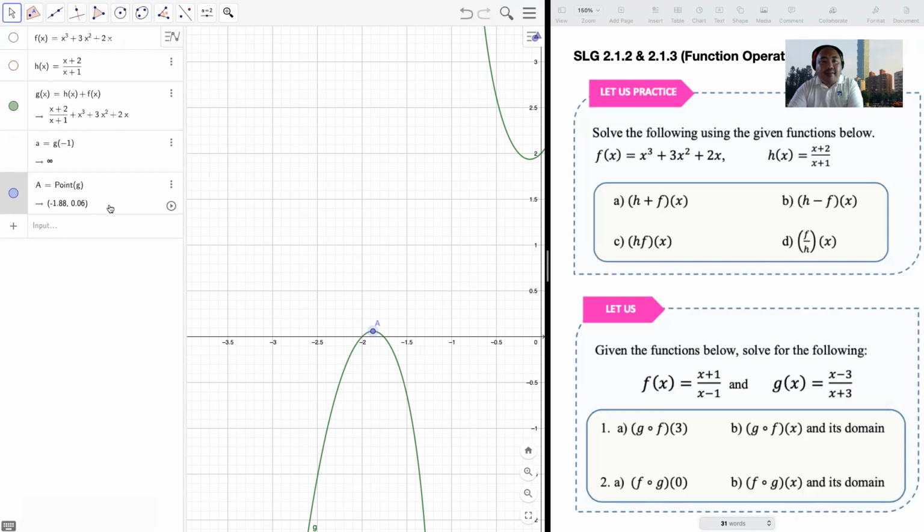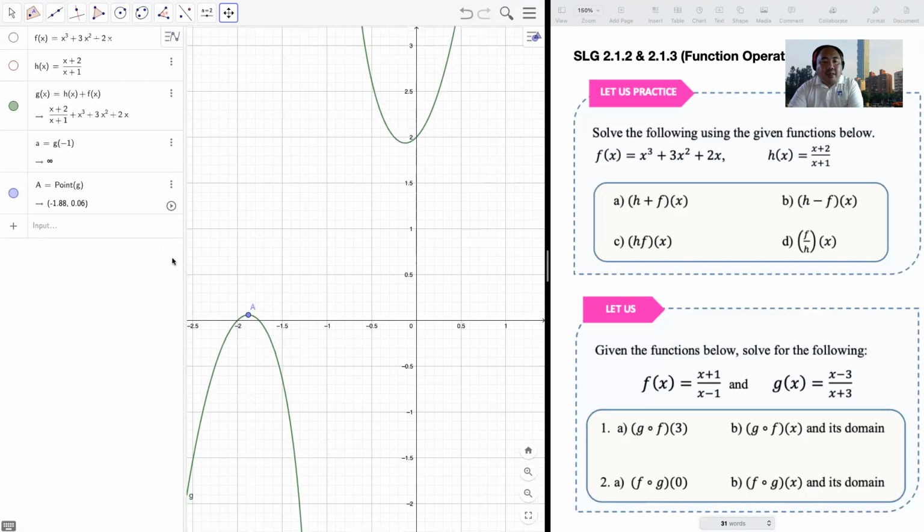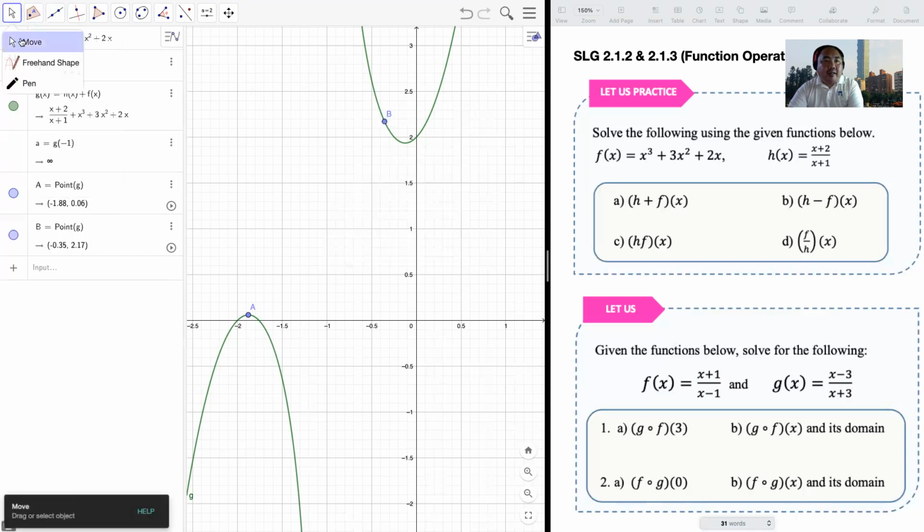So that means that the range of this function is between positive 0.06 to, let's put another point on the object here, and you'll see here, is that the lowest? About 1.94, about 1.94.